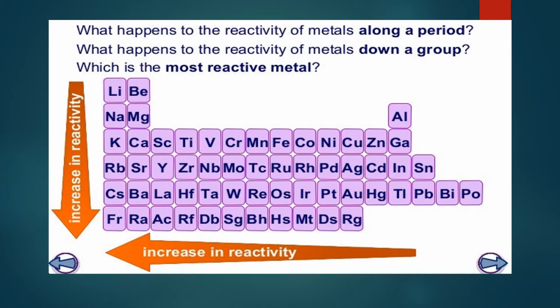The same thing, those at the top portion of the periodic table have less reactivity than those at the bottom. Following the arrow indicators, the direction, you'll know the metals that are more reactive.